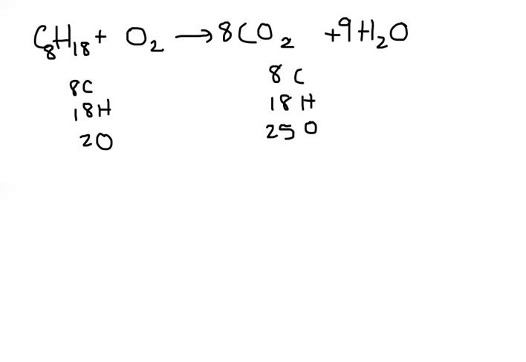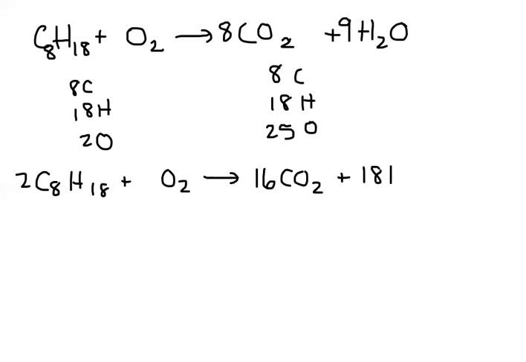Okay? So what I could do is I could say, well, if I multiply everything by 2, everything will be an even number, and I can balance it out with the O2. Okay? So I could do 2 C8H18 plus O2, we're still going to balance that, goes to 16 CO2 plus 18 H2O.